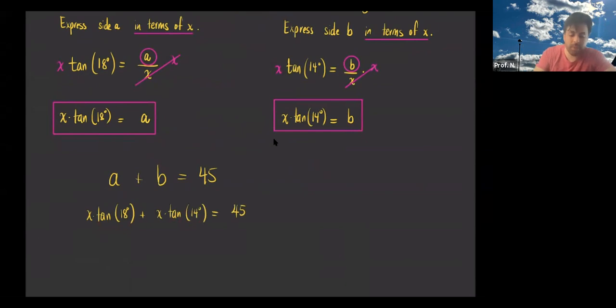Now, what can we do? I want to get X, right? I want to solve for X. That's my main objective right now, because that's the overall objective, to find the value of X. So I want to solve for X. So what can I do here, guys? If I want to get X equals some expression, I got X tan 18 plus X tan of 14 equals 45.